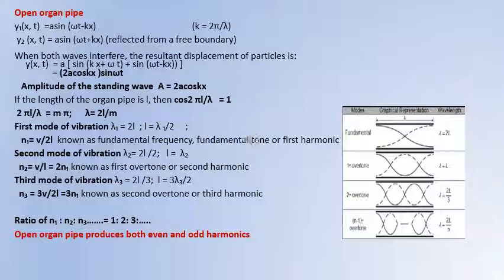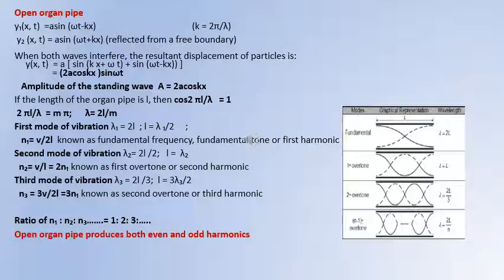As we've already studied, the amplitude of the standing wave as per the above solution comes out as 2A cos kx, where k is 2 pi by lambda. Now, if the length of the open organ pipe is L, then cos 2 pi L upon lambda is 1, and we get the value of lambda from here as 2L by m.